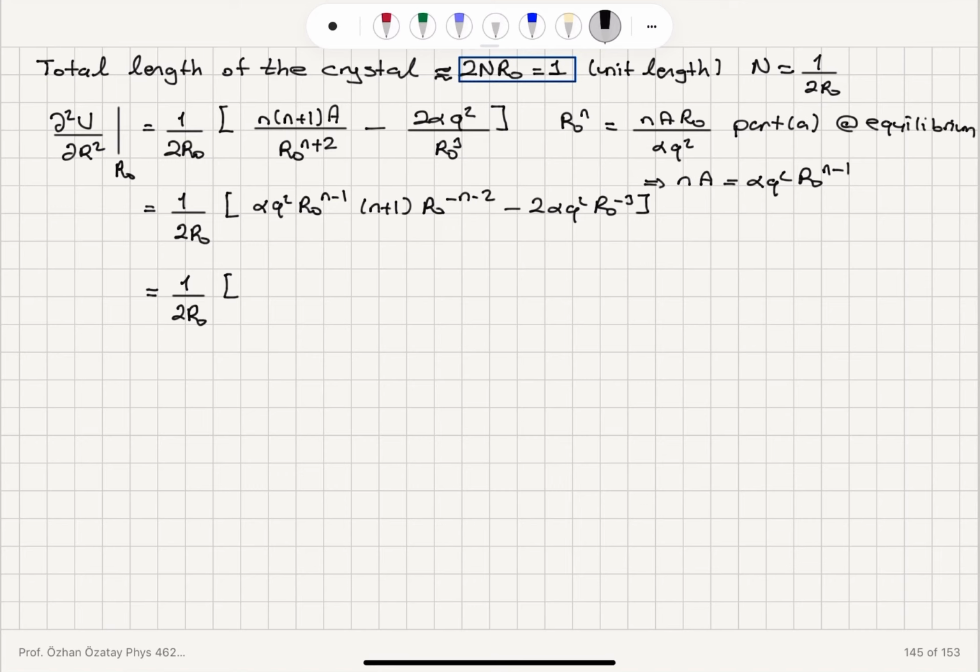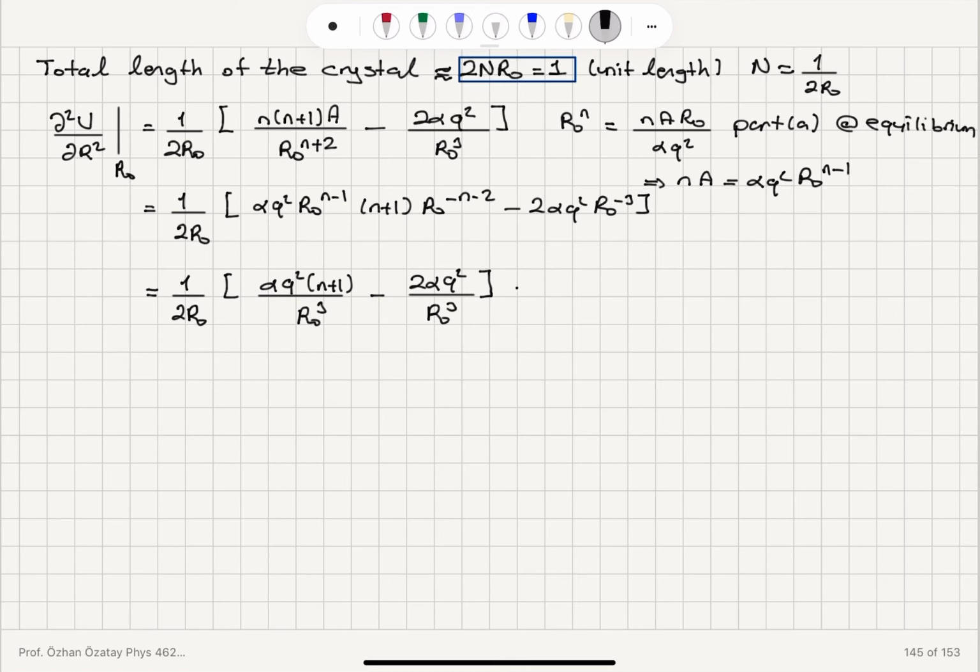So this will become alpha q square n plus 1 divided by r0 to the power 3 minus 2 alpha q square divided by r0 to the power 3, r0 cube.